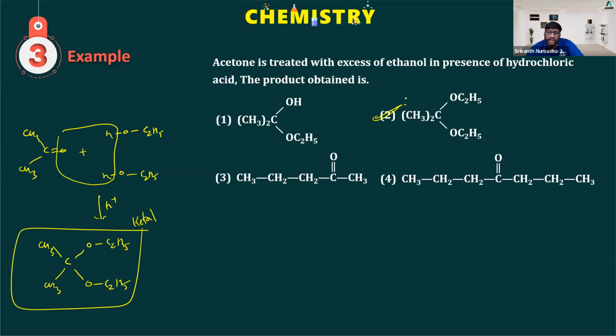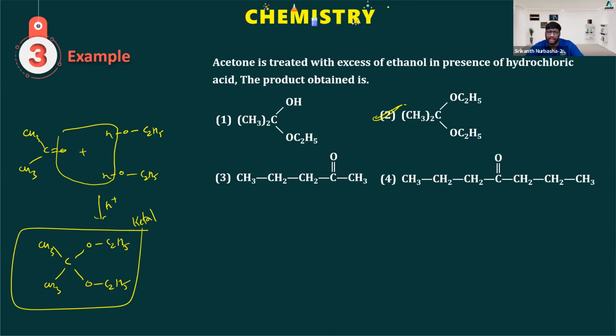Lithium aluminum hydride can be used in ether as well as in water. Lithium aluminum hydride reacts with water also. LiAlH4 with H2O means we have to do the same reaction, and LiAlH4 in ether also gives the same reaction. It can be both: LiAlH4 plus H2O, or LiAlH4 plus ether. In all three conditions, we have to do the same reaction. Sir, in water medium, it will be explosive, no?